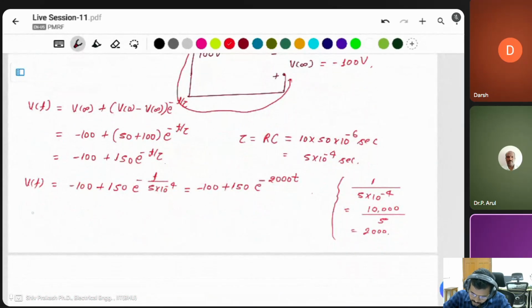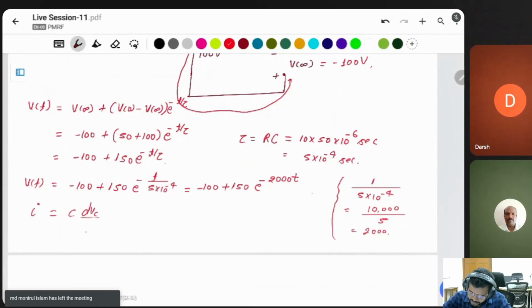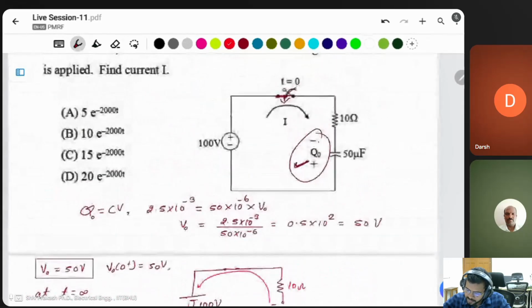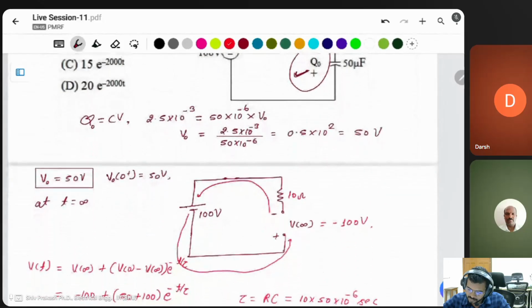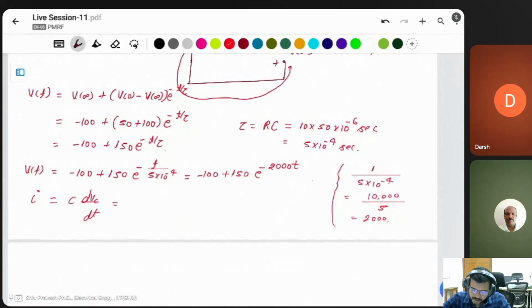Okay, current. You know about the current of the capacitor, C dVc by dt. Because this is a simple RC circuit, the current will be flowing like that. C is given as 50 into 10 to the power of minus 6, d by dt of minus of 100 plus 150 e to the power of minus 2000 t.